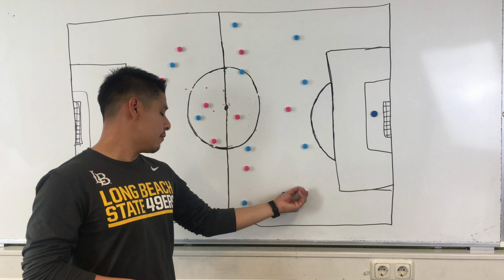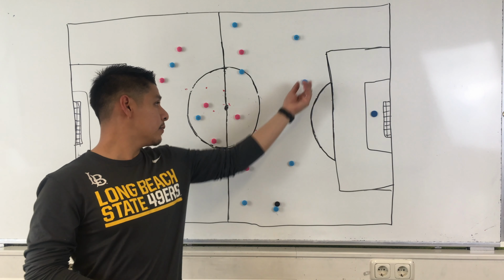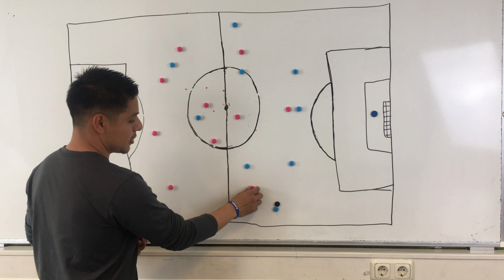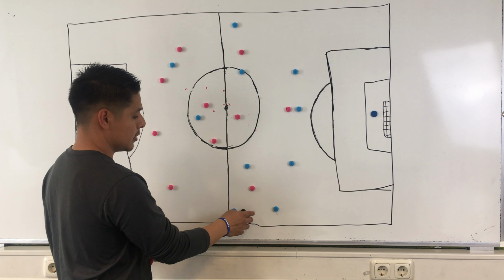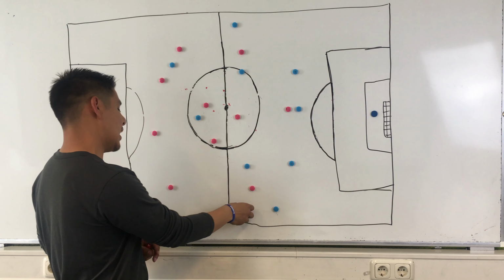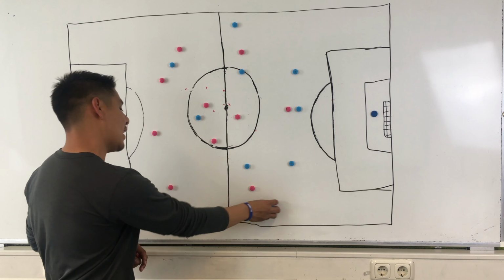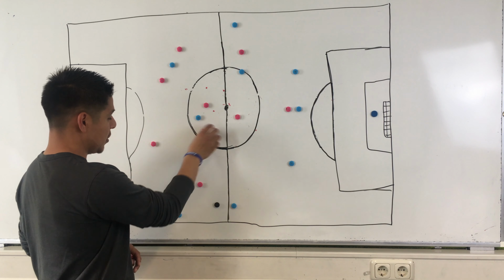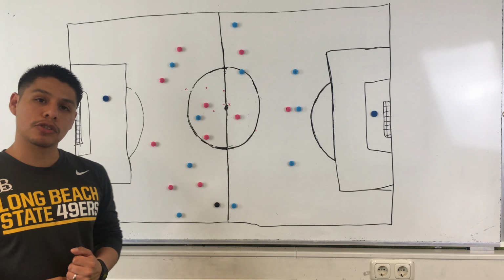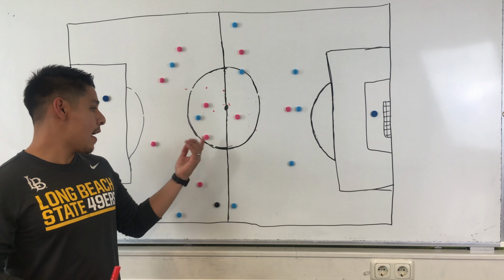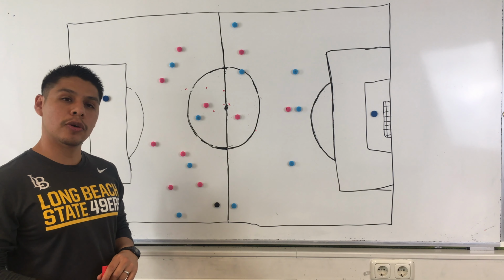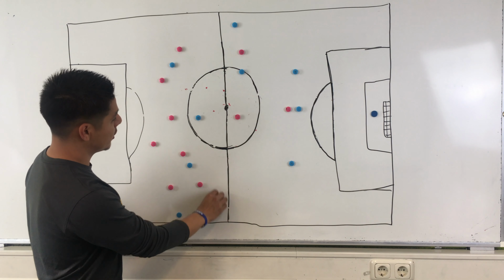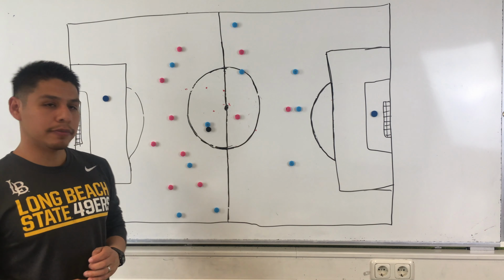But yes, if we are using the 4-4-2, as you can see here, we can create numerical advantages on the wings. So here we have a 3 versus 1, and even if we push up higher up the field, we will have a 3 versus 2 situation, and if this player decides to join in, then this player will essentially be out of place, giving us the opportunity to play a ball into the center.